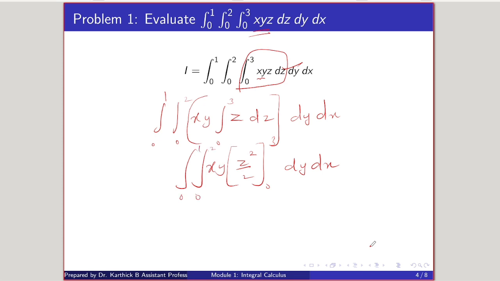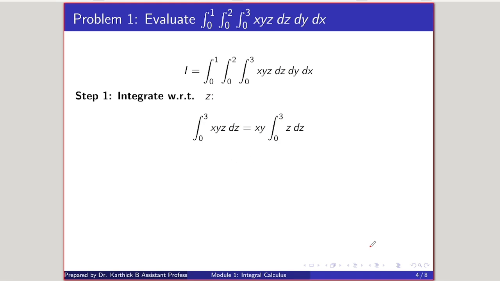So while substituting the limits, we will get 9 by 2 xy dy dx. We are splitting out the inner integral part alone. So at last we get xy times 9 by 2.